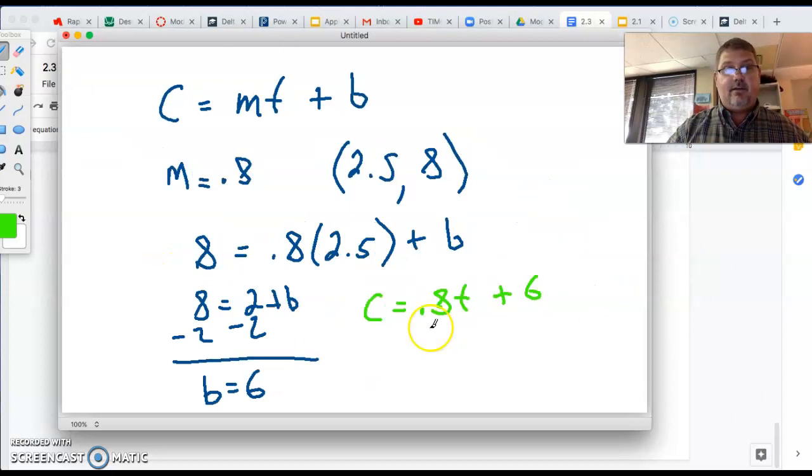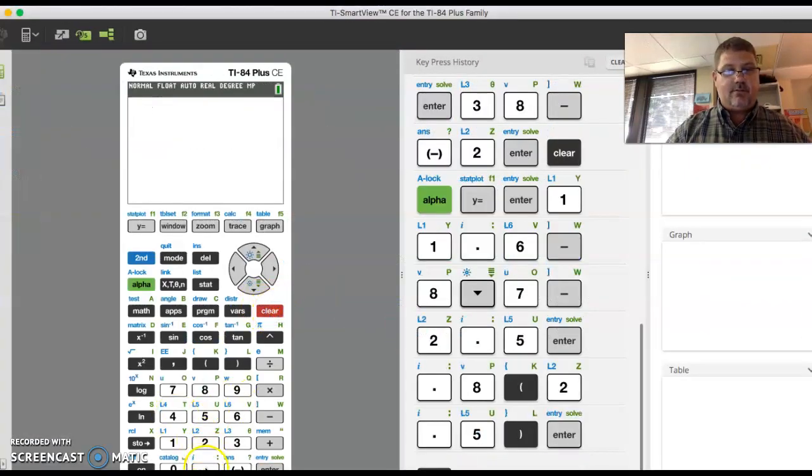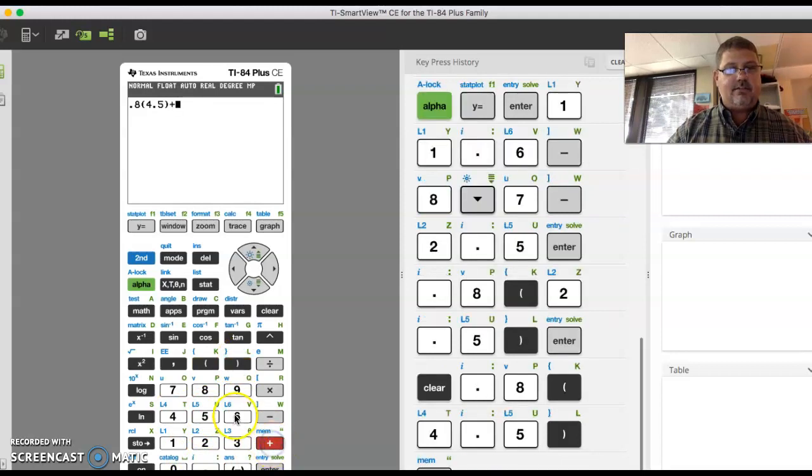We'll go to our calculator and answer that. We're going to plug in 4.5 for t. So we'll clear that out and say our slope, 0.8, times 4.5, that's the number of minutes, plus that initial fee, which we found out was $6. And we'll hit enter, and we get $9.60.